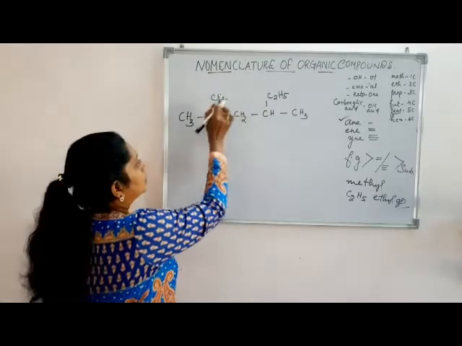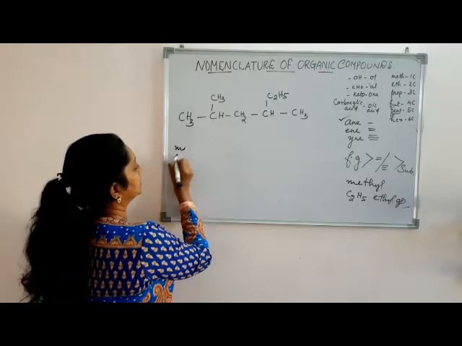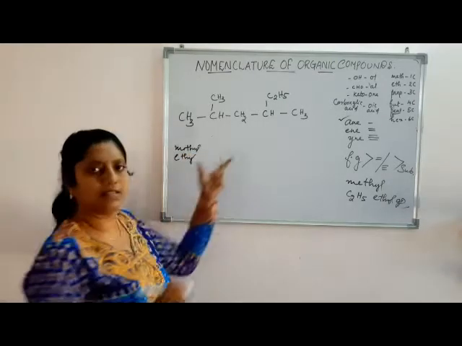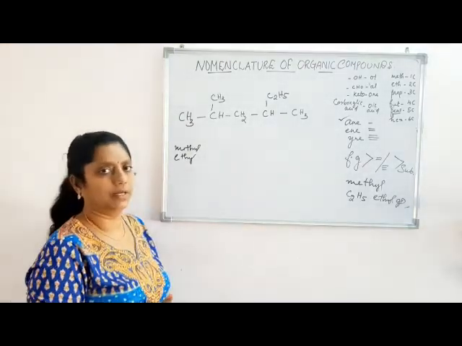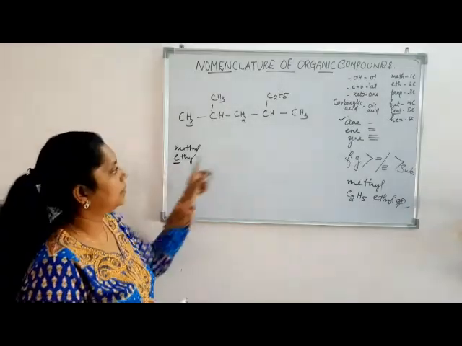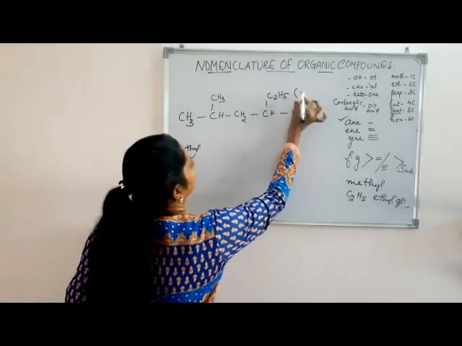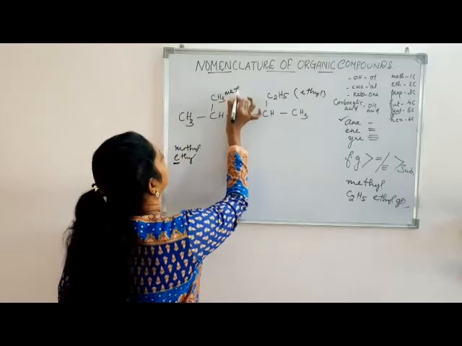Here also 2 substituents are present, one methyl and the other ethyl. That means while numbering the carbon atoms, we have to follow the alphabetic order. Here ethyl, E, comes first. So we have to number the compound from this side. This is the ethyl group, and this is the methyl.